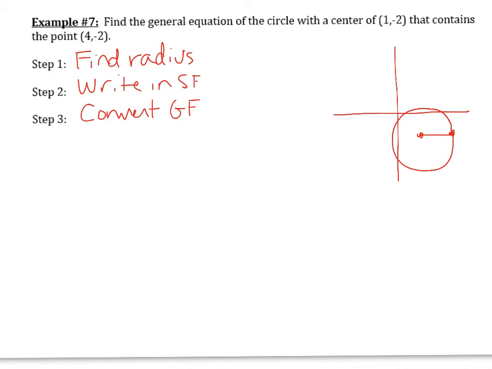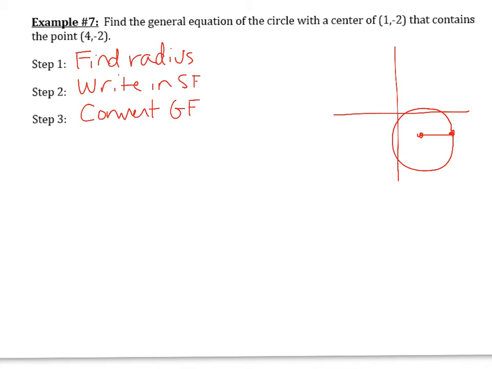Now, one of the things that drawing the picture does for me is actually shows me that from the center to the point that was mentioned in the problem is a horizontal piece. So over 1 down 2 to over 4 down 2 is just a nice horizontal piece that moves from 1 to 4. So I don't need to use the distance formula.